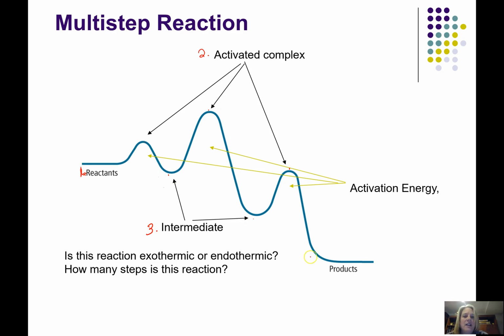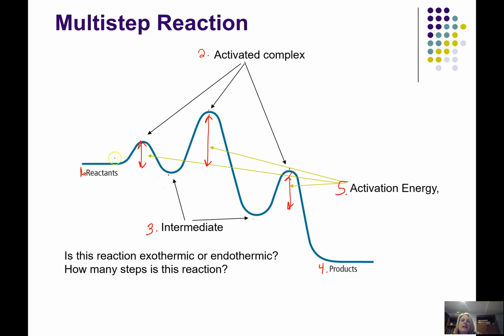We have our products here at the very end. So the last flat spot is our product. And then these little areas here, those are the areas for the activation energy. So that's number 5, activation energy. You also will need to be able to look at one of these and say, is it endothermic or is it exothermic?